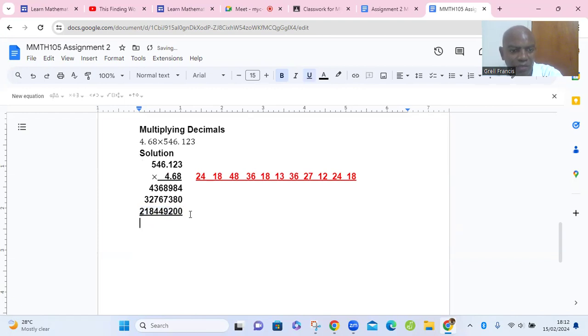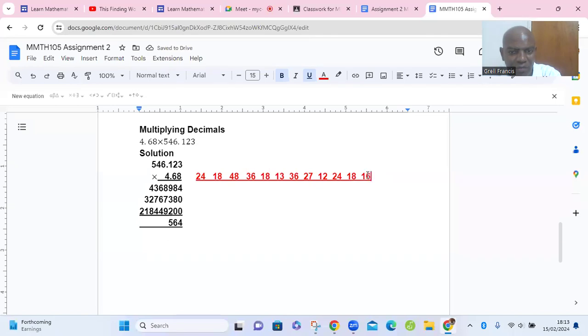And we're going to add vertically. 4 plus 0 plus 0 will give us 4. 8 and 8 will give us 16. So we bring down the 6. We have the 1 to deal with. 9 plus 3 was 12, plus 2. All right, 12 plus 2 was 14. Plus that 1 will give us 15.